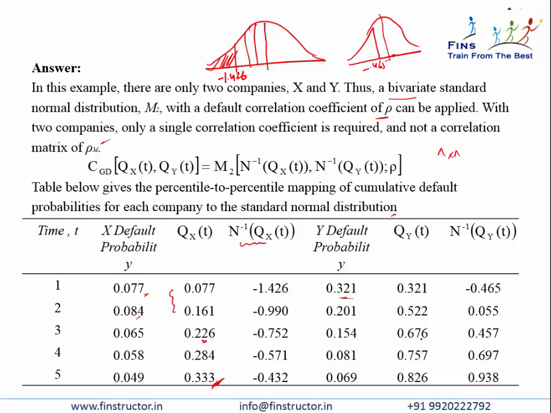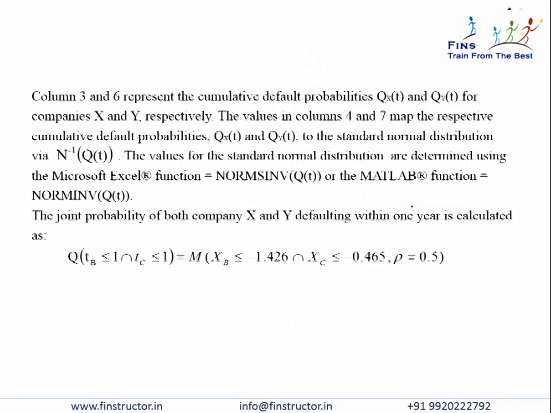For the third year, 67.6%, that is 0.457. So we're just trying to understand the cumulative normal distribution and the probabilities of default for the individual variables X and Y, or individual bonds X and Y.